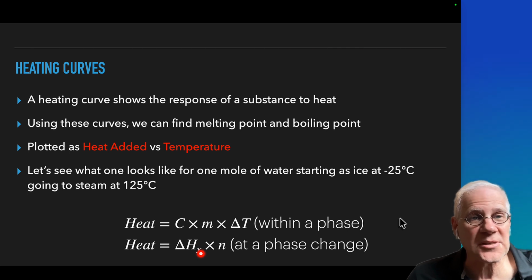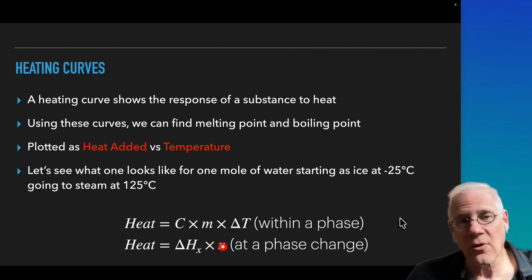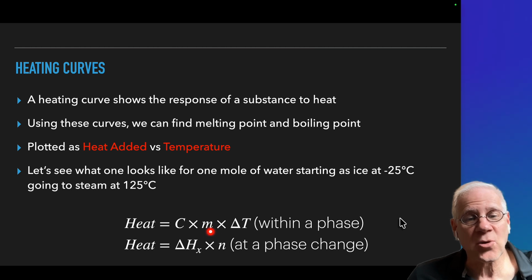So X just represents the different enthalpies of phase changes, either vaporization or fusion, times n, where n is the number of moles. Okay, this is another stumbling point. For your heat involved at a phase change, you need the number of moles. And when you're doing it within a phase, the equation uses the mass. So you want to make sure that you don't mix those two up.